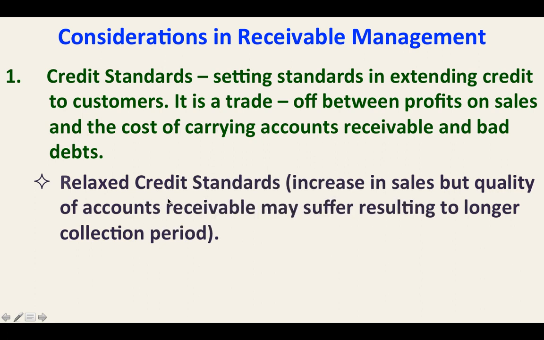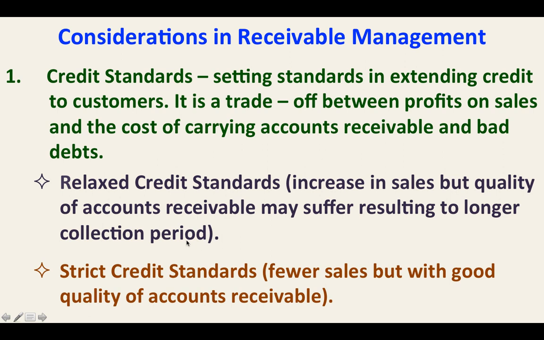We have several types of credit standards. Merong relaxed credit standards. Ito yung increase in sales but quality of accounts receivable may suffer resulting to longer collection period. Basta sinabing relaxed credit standards, nagpapautang ang company na kahit kanino or pautang lang siya ng pautang, okay? And then we have what you call strict credit standards.